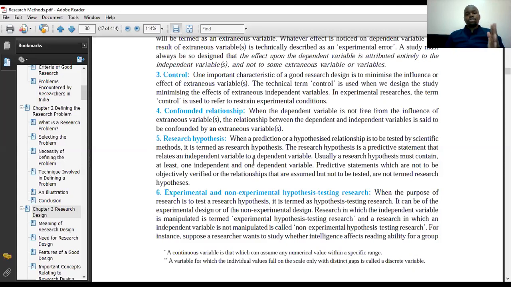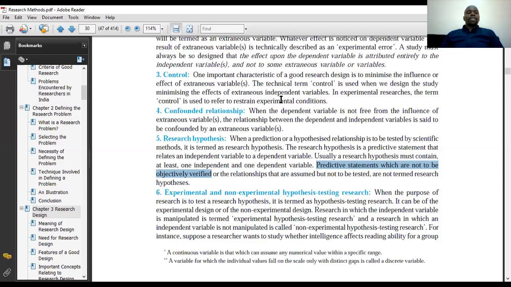It's an assumption, a prediction that you make. It's a predictive statement which is not objectively verified, meaning you have not tested that assumption to know whether it's true or false. But that assumption can be said to be true or false if the research is conducted.